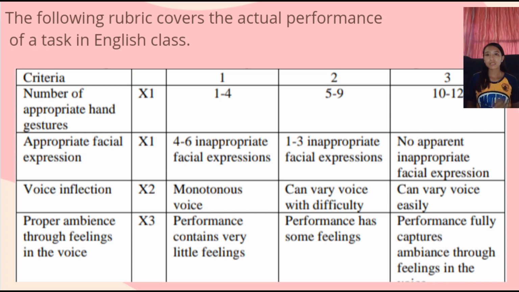Through performance descriptors sa scoring rubrics kay anha mag-base ang teacher or evaluator sa ilang ihatag na ratings. Like for example sa group 1 or first presenter kay nakakuha sila og 3 points sa number of appropriate hand gestures. It's because na-complete man sa group 1 ang 10 to 12 ka hand gestures based sa ilang performance.